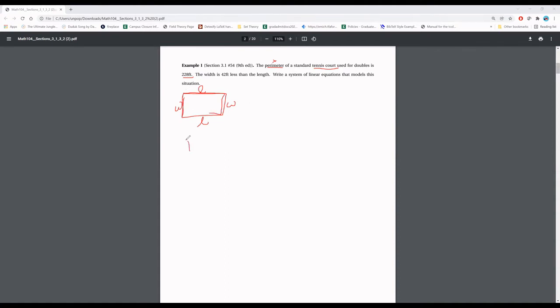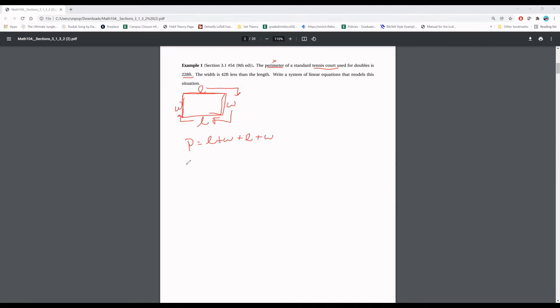So I'll say that my perimeter, well, I have a length, and then I have a width, continuing on, another length, and then another width.